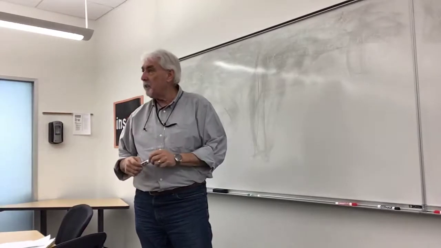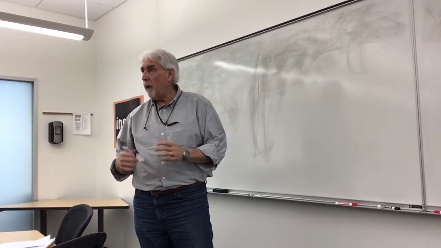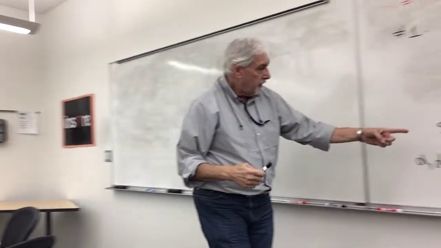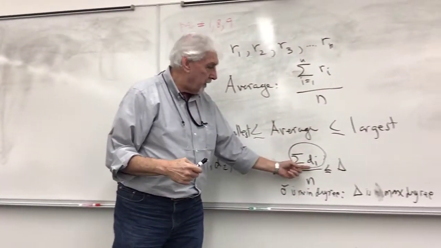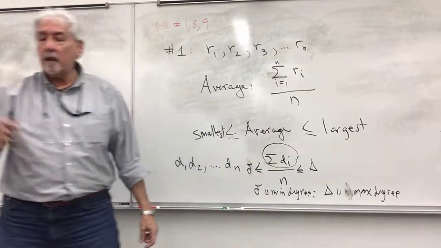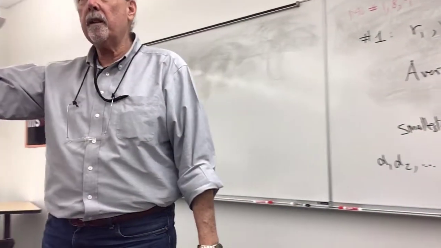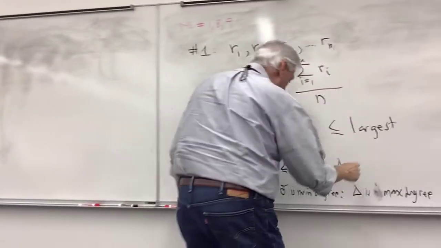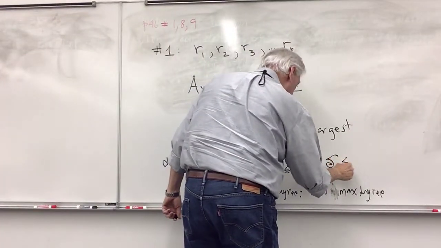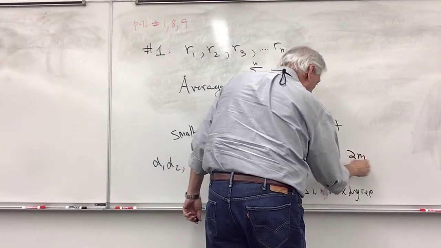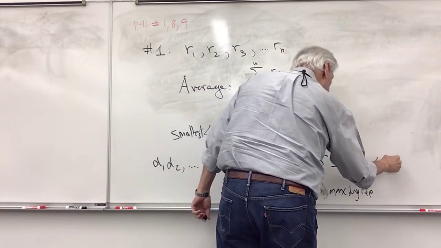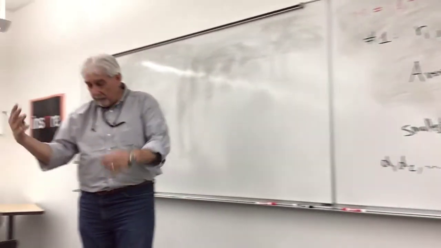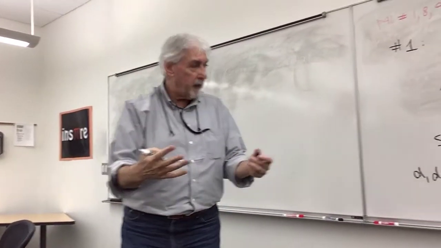So what am I going to put here? The sum of the numbers in the degree sequence. The sum of the degrees is what? 2 times m. So in fact, delta is less than or equal to 2m over n. Is that clear? That we're looking at the average degree.